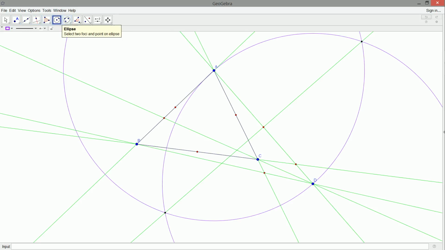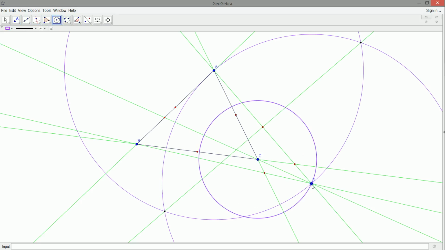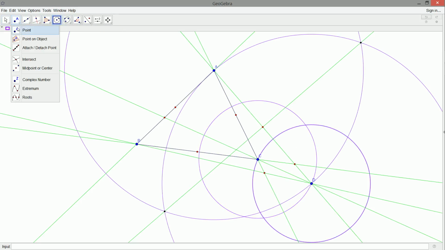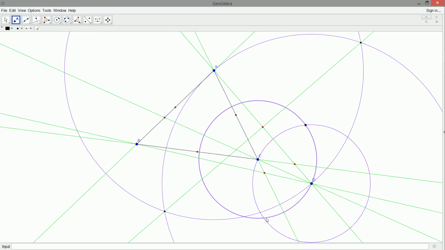How about the midpoint of DC? So, standard bisector trick. There we go, and now we just need one more.